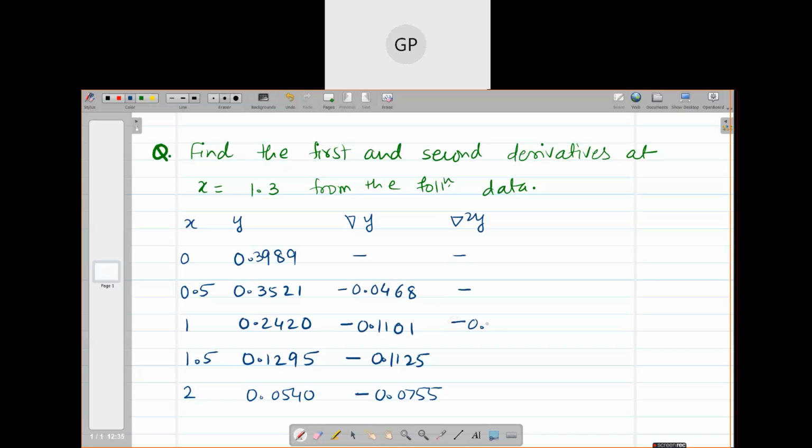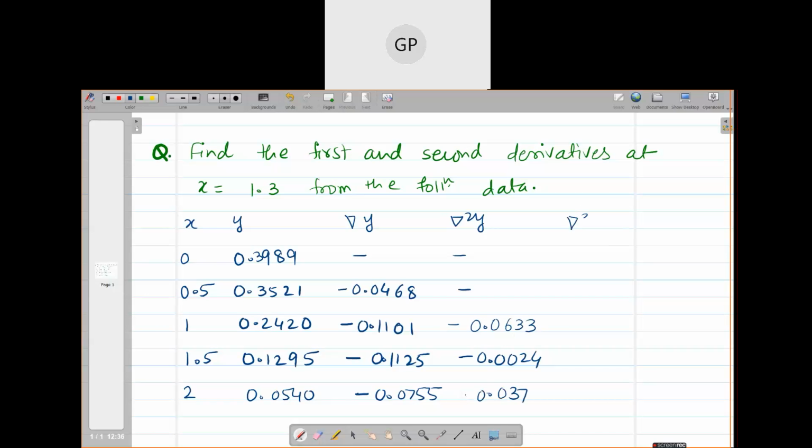We already have calculated these values in the last problem, so I am just rewriting the backward difference table. Minus 0.0024. This one can you see properly? I am rewriting minus 0.0633, and this one is 0.037. This is positive.